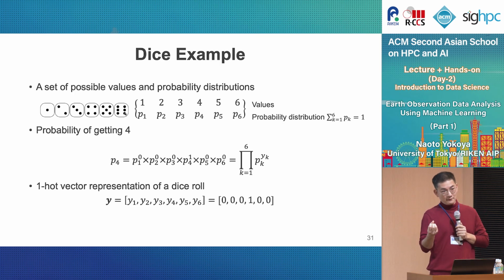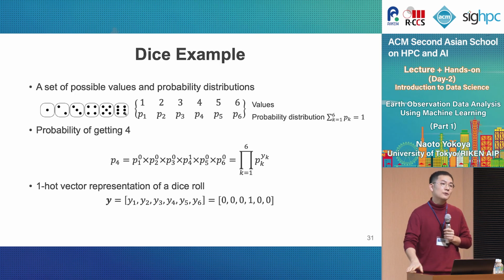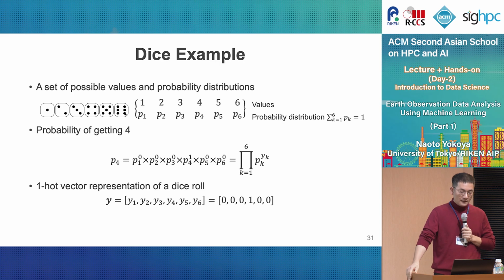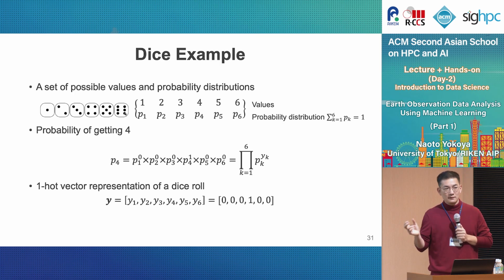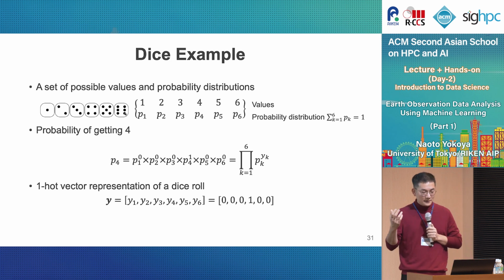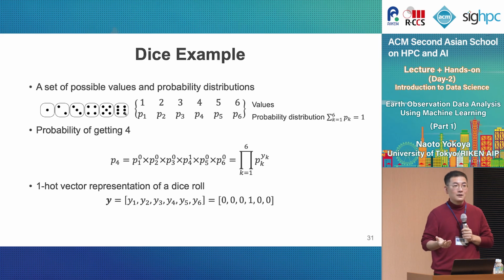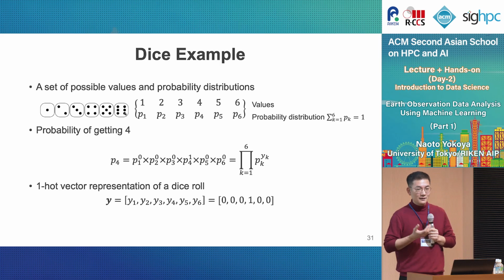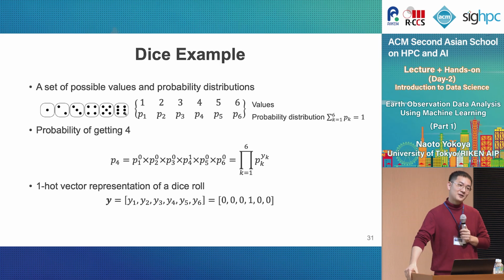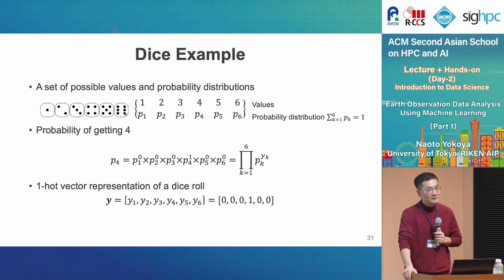And usually if it's regular dice, each P, it should be 1/6, right? So that's summation of all probabilities should be equal to 1. That's the probability distribution. So if I ask you, what is the probability of getting 4? Everybody can answer, oh, P4. Of course, it should be P4. Why you are asking such a question, right?